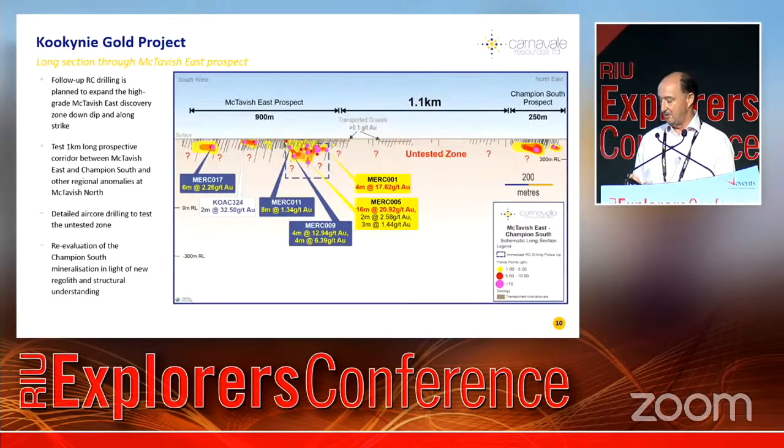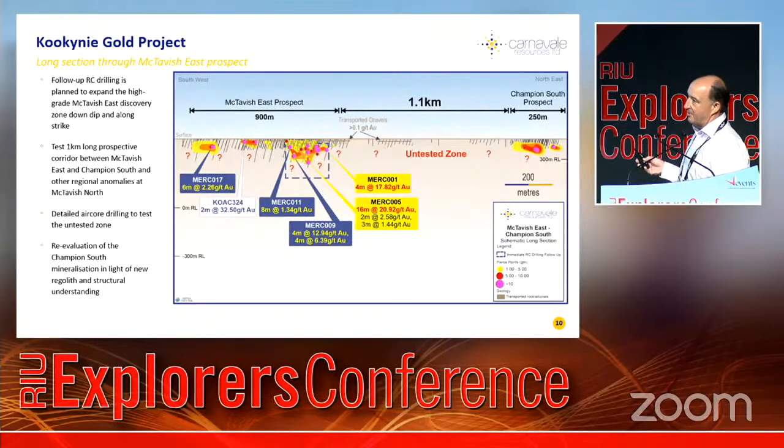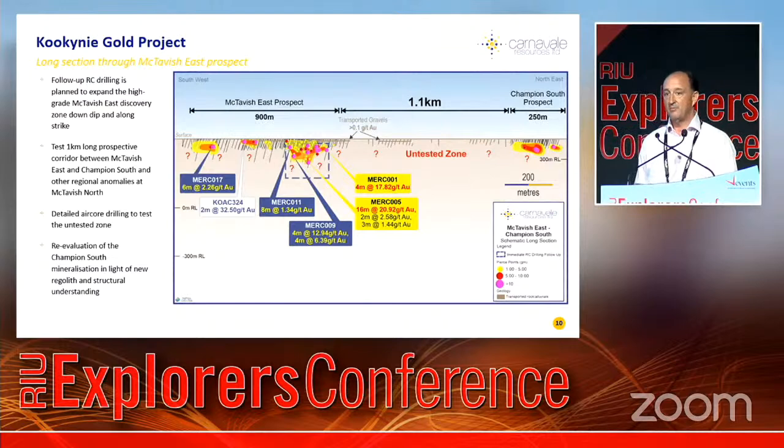And if we add that to the long section, you can see that we have our Champion South project on the tenement. There's another transported zone which indicates potential for a new one of these in this area here and potentially here. And this area is now much better understood with the RC and the air core that we've been drilling recently.